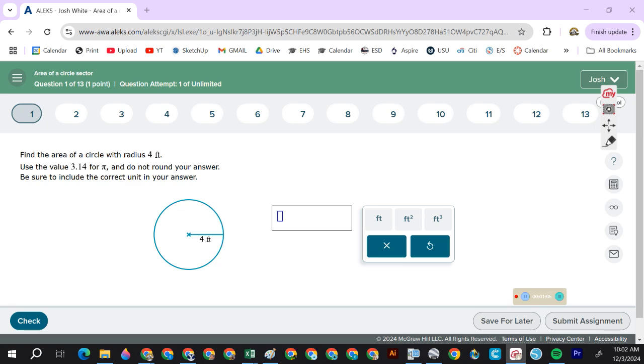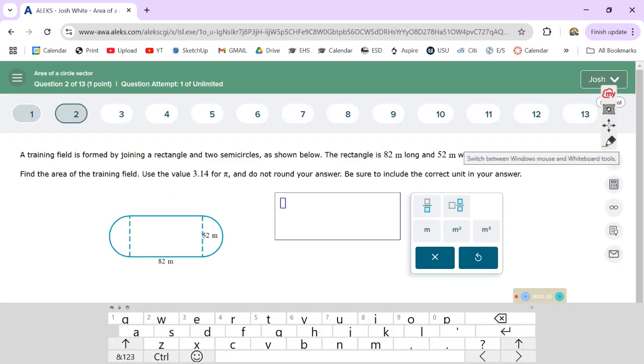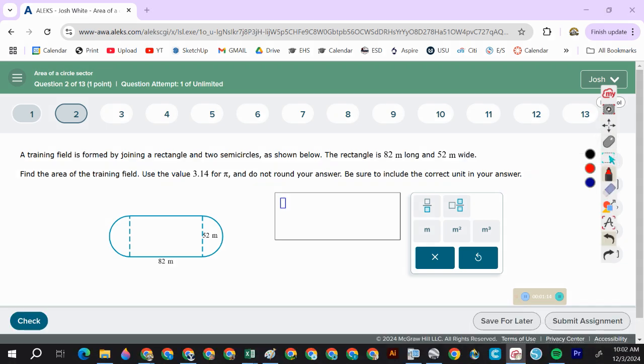Okay, number 2. So the area of this rectangle here is just 82 times 52. And then if I split those two pieces off, that gives me a full circle.